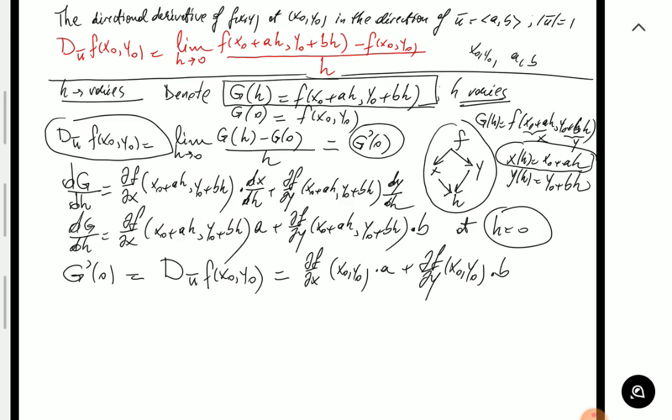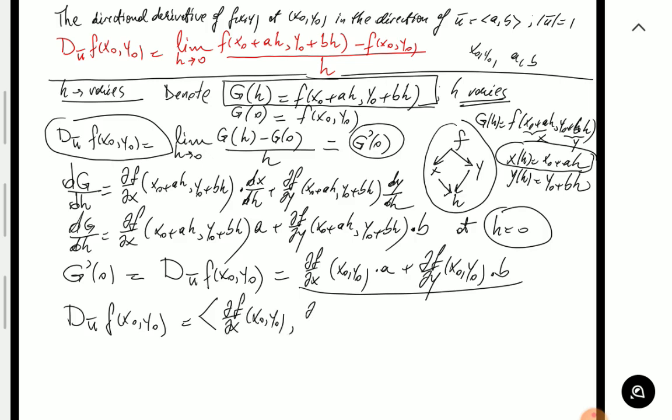Furthermore, we can even write it in a more compact form. We can recognize a dot product here. So the directional derivative is nothing but the dot product between a vector formed by the partial derivatives at the point in question, dot the very unit vector that we use to establish the direction of motion.